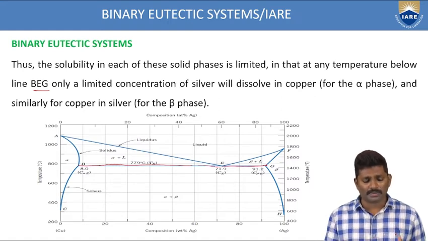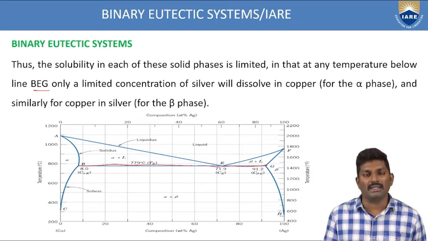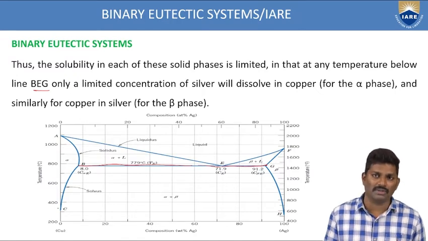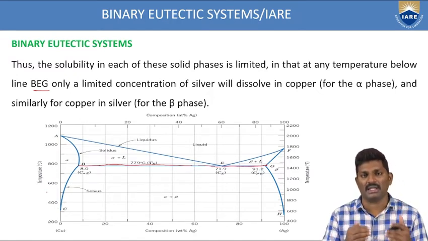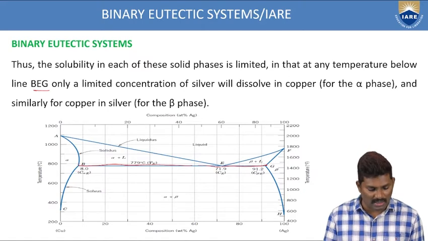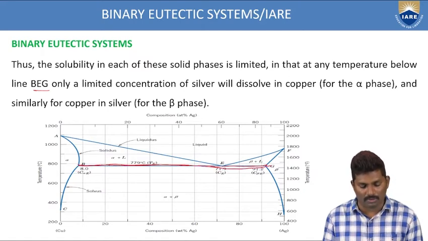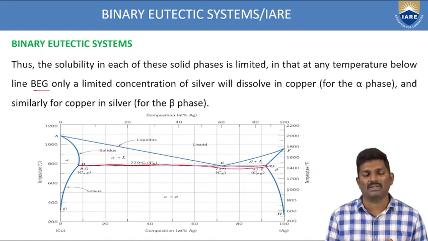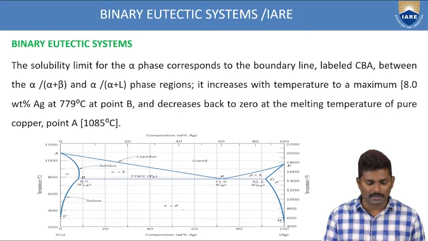Why? Because you have very less composition of silver at this zone, beta zone, and similarly you have very less composition of copper at the alpha zone. So because of that, below this BEG line, you have to mark this as a border line. So below this you have very limited concentration of copper as well as silver.